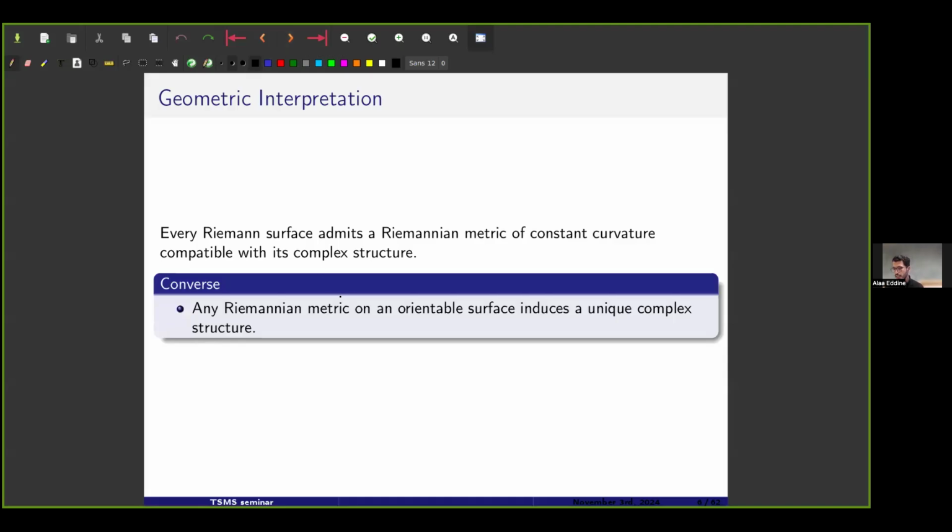So any Riemannian metric on an orientable surface will induce a unique complex structure. It is not necessarily of constant curvature. Any Riemannian metric, orientable. This is the only condition that we need, since Riemann surfaces are orientable.